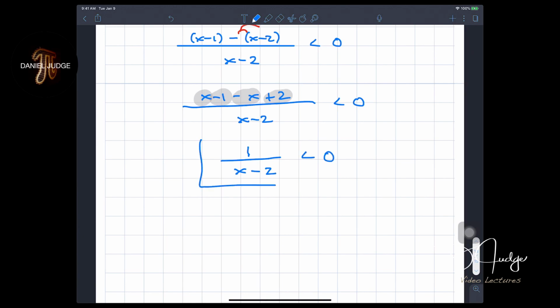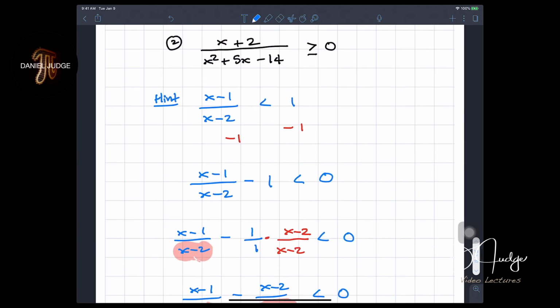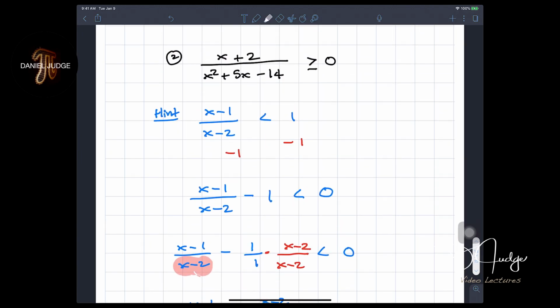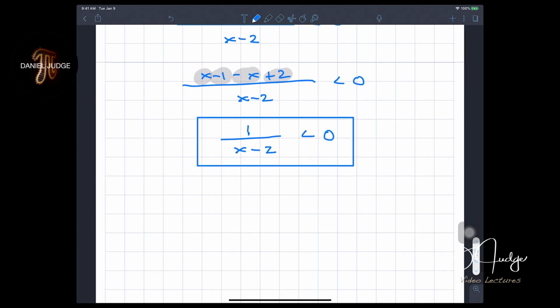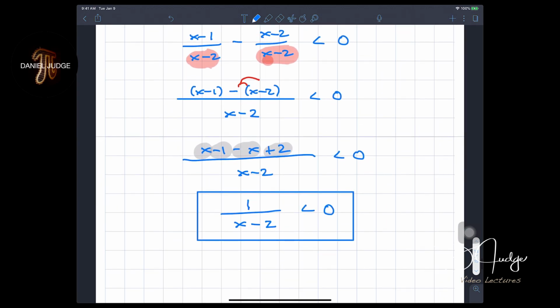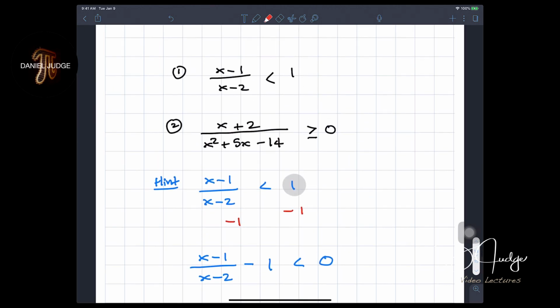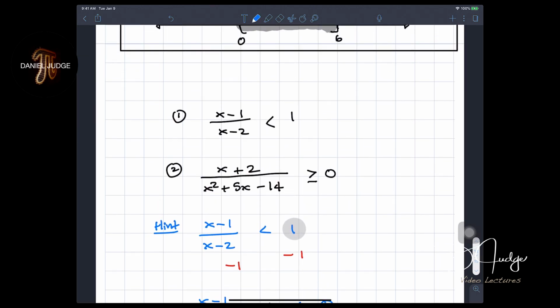So this is what we do with sign analysis. If you have a number out here like this one, question number 1 is really going to be 1 over x minus 2, because that needs to be less than 0. We need to have 0 there. So this is really 1 over x minus 2 is less than 0.